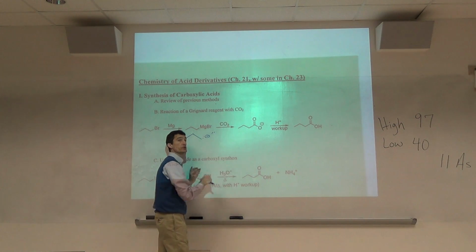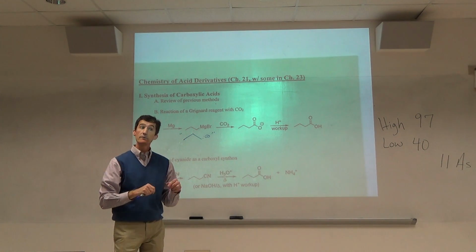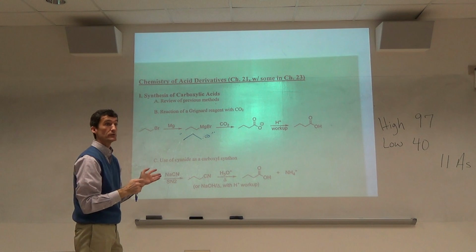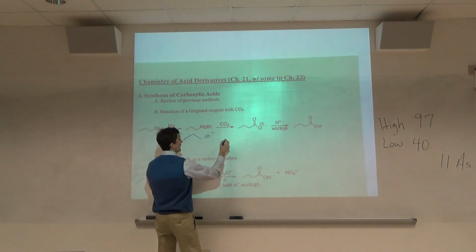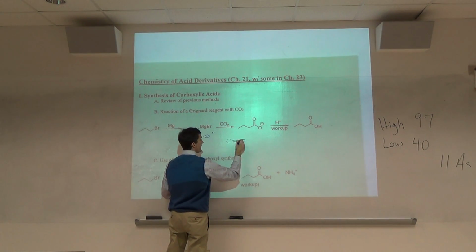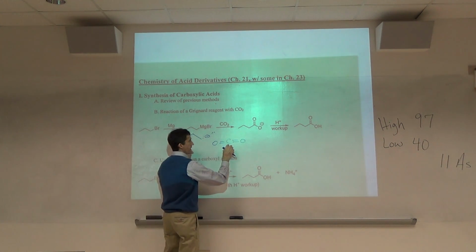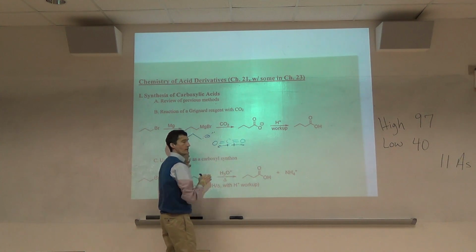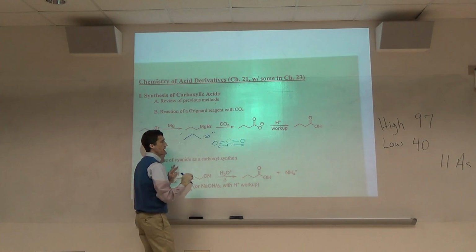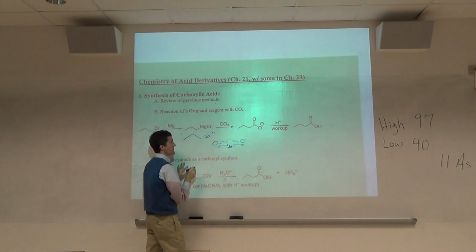Well, a very neat reaction. If you throw in CO2 gas or even dry ice, carbon dioxide looks like this. This carbon is pretty electron poor because we have two oxygens pulling. So there's a good amount of partial plus there.